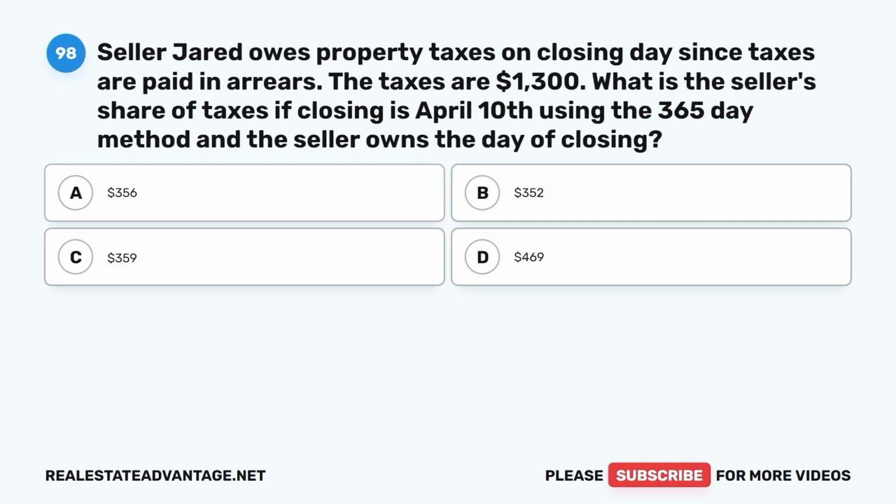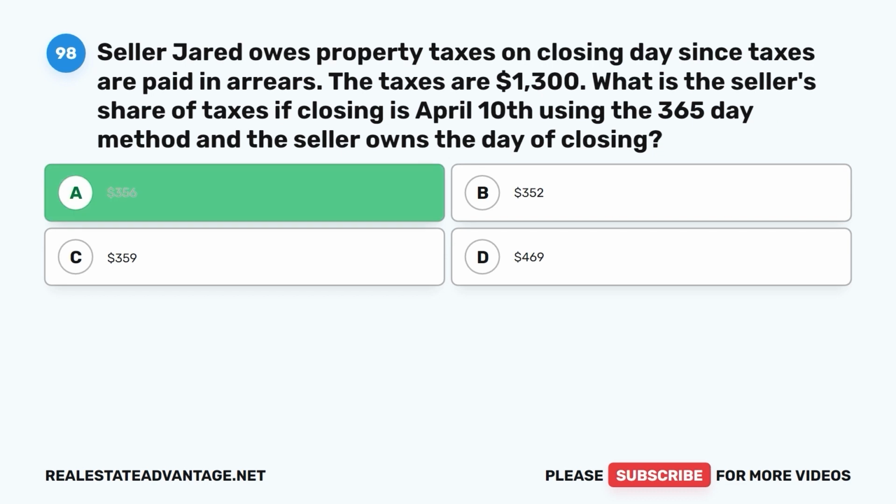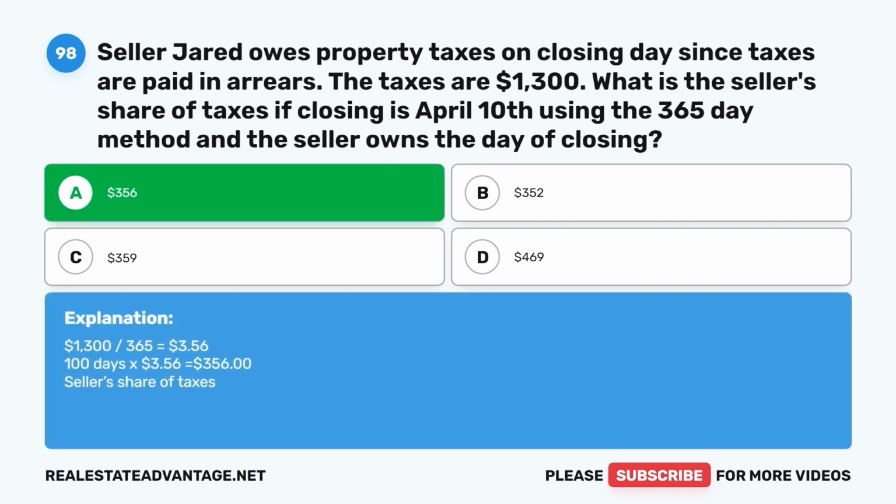C. $359. D. $469. The correct answer is A. $356. $1,300 divided by 365 equals $3.56. 100 days times $3.56 equals $356, the seller's share of taxes.